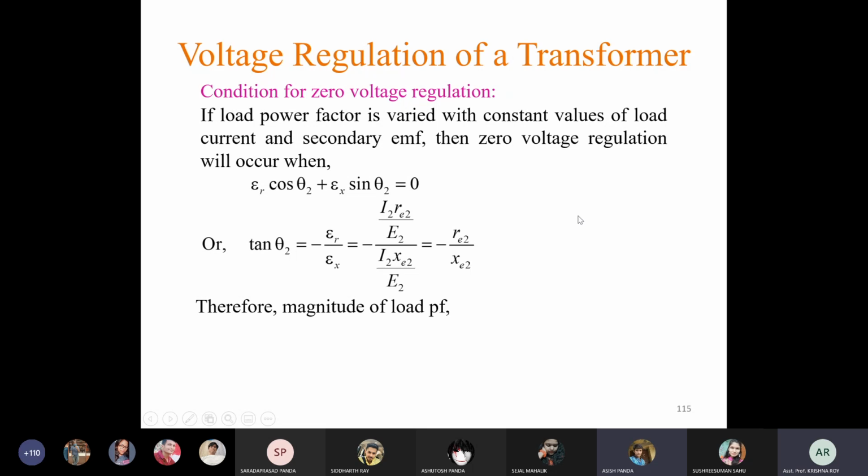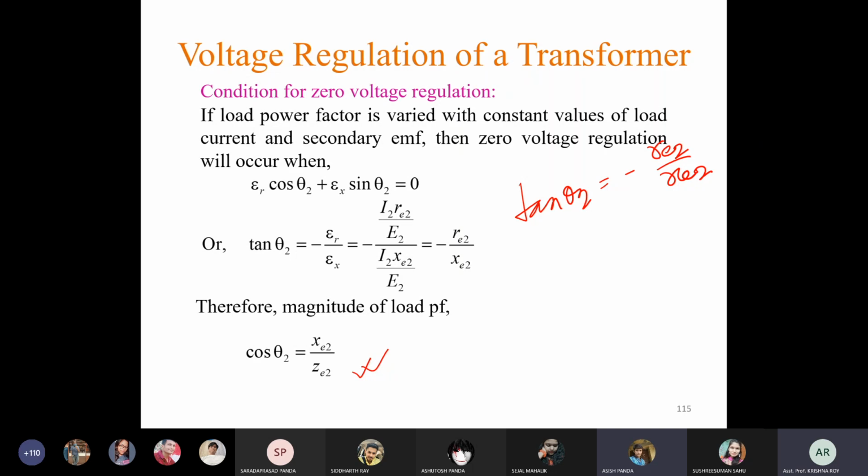That is the condition, and from this relation we can also find cos theta 2 equals Xe2 by Ze2. So, at this value of power factor, the voltage regulation will be equal to 0. That means there will be no change in terminal voltage if you remove the load from the transformer.